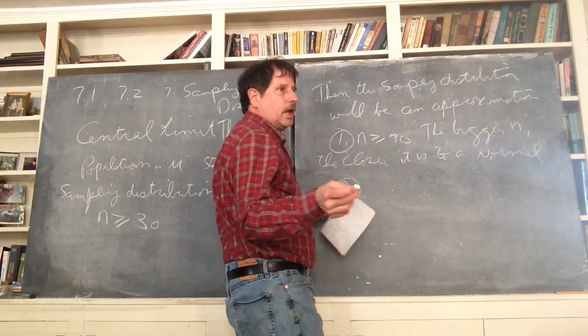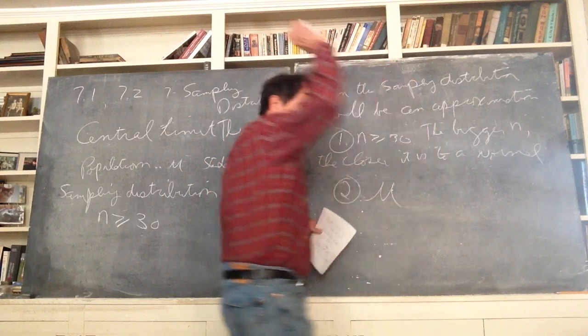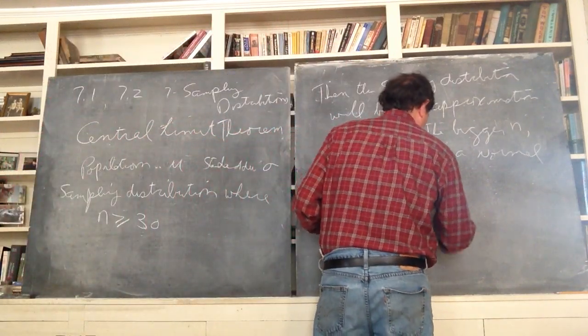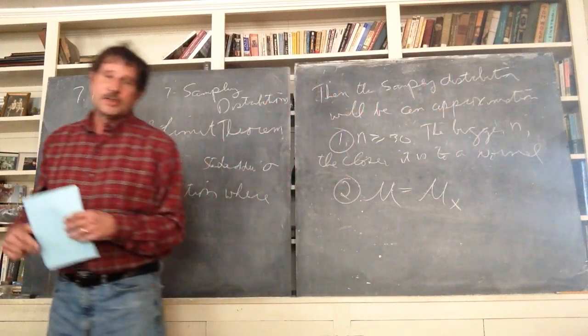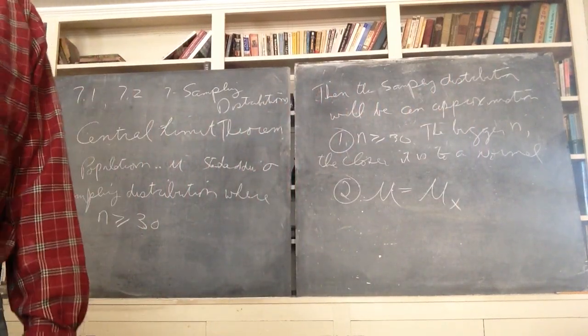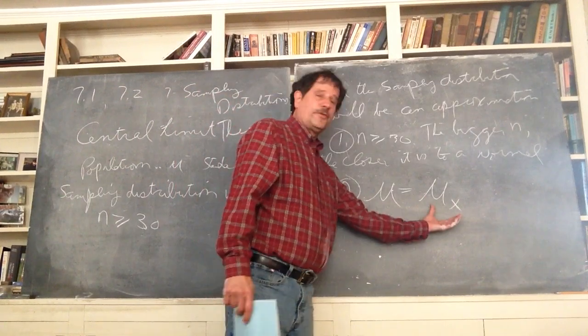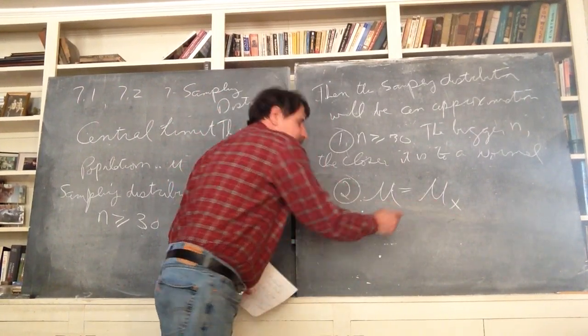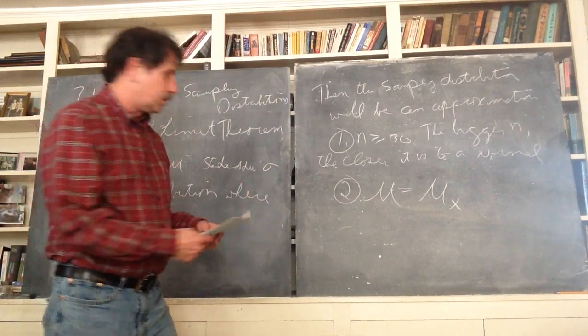Instead of using mu, the population mean, we're going to use something called the sampling distribution mean. This will come from all the samples, and for all intents and purposes, those 2 are going to be equal.